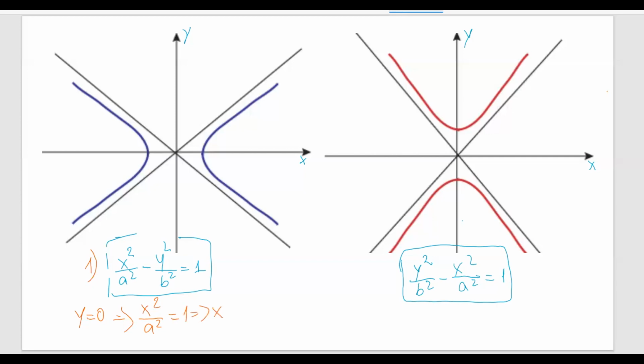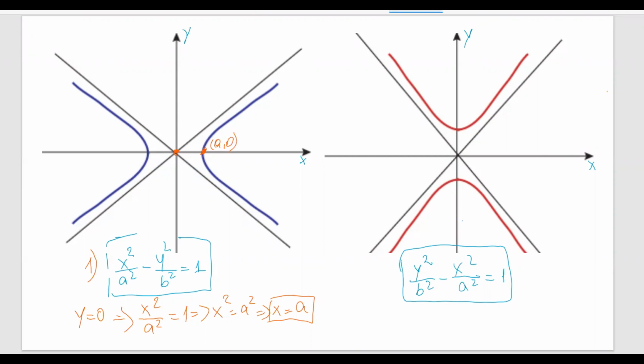So from here, x squared equals a squared, or x equals a. So when y equals 0, x equals a. So this point has the coordinates (a, 0).